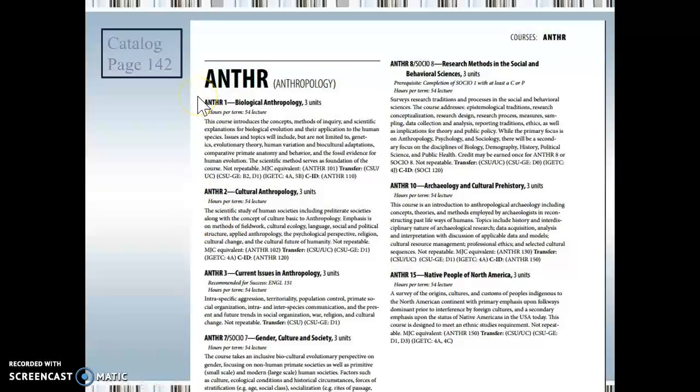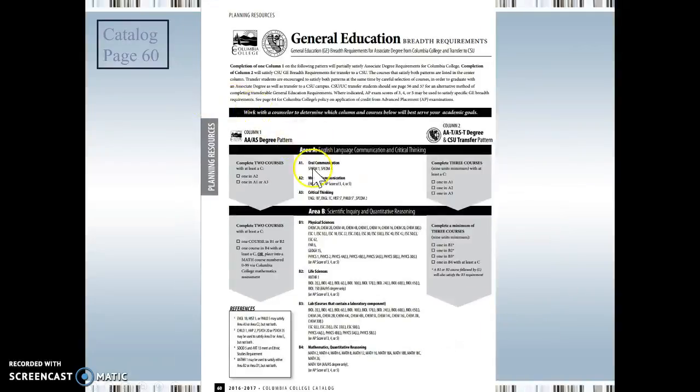So that's how you interpret what these codes mean, and then you would do that for each area.